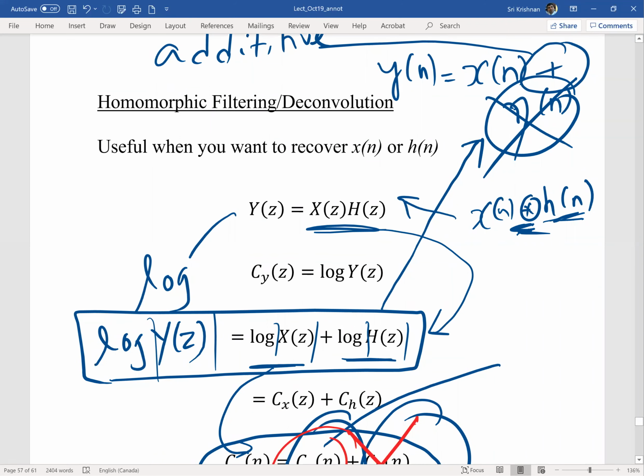Convolution has to be converted to multiplication, and that could be done in the transform domain, like taking the Z transform. And from that Z transform, when it becomes multiplicative, then we can always take the log to convert it to additive. So that's kind of just playing around with the arithmetic operations and getting the various filters designed so that we can overcome anything that's beyond addition operation.